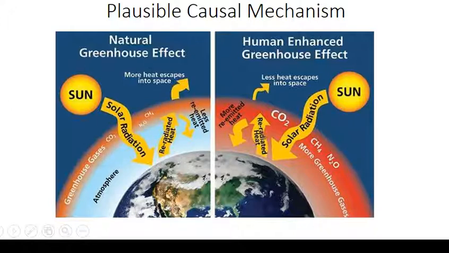Now with a thin layer of these greenhouse gases, a lot of that escapes into space. But when you continually add more CO2 to the atmosphere, you're making that layer a lot thicker, and a lot more of that heat gets radiated back towards Earth. So you're warming Earth. Basically, it's like putting a thicker and thicker blanket around the Earth, is what you're doing by adding more of these greenhouse gases.